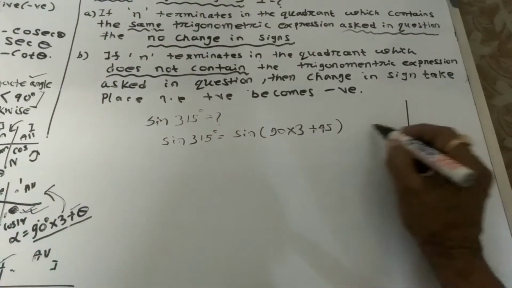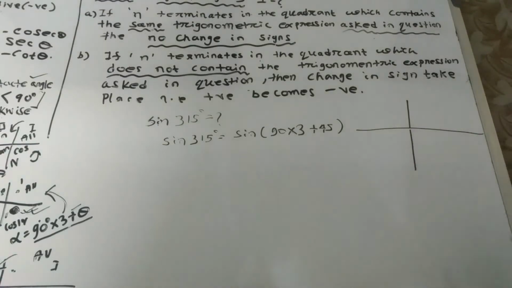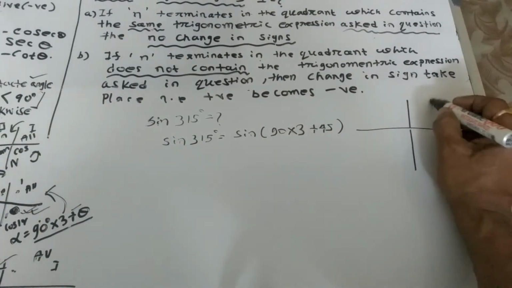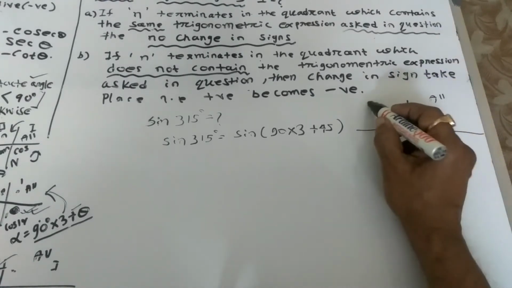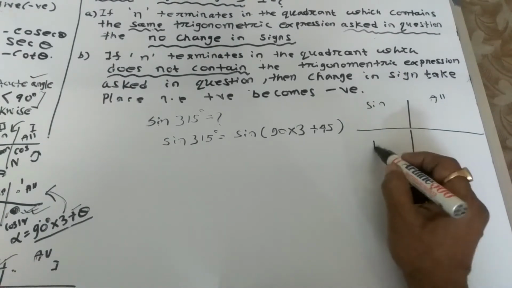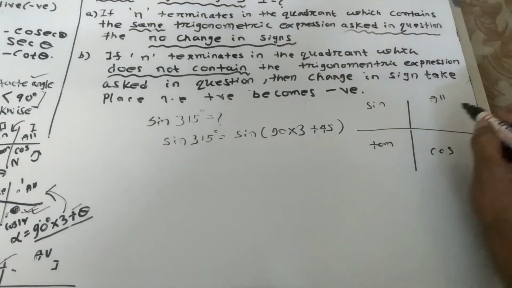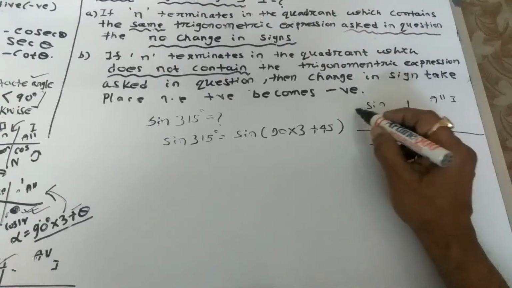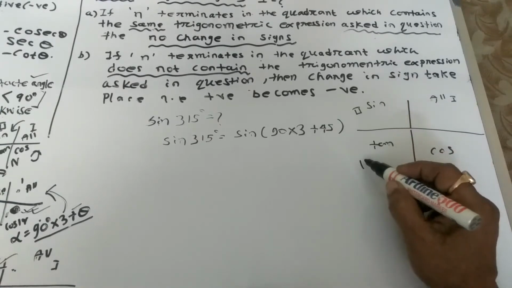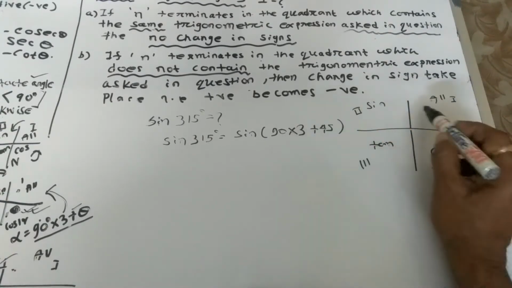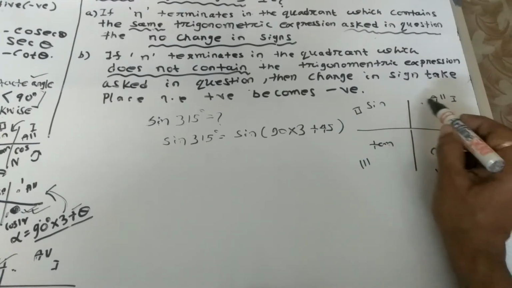Now follow the steps. Step 4 actually, see, I am showing you. Sine, tan, cos. This is all known. This is quadrant 1, quadrant 2, quadrant 3, quadrant 4. Now let us count.